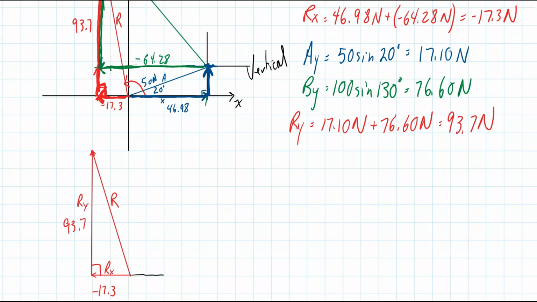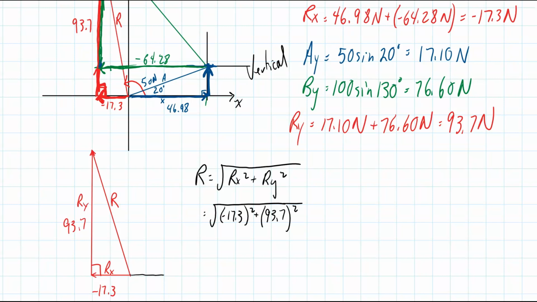So r is equal to the square root of R sub x squared plus R sub y squared, which is equal to the square root of negative 17.3 squared plus 93.7 squared. And that comes out to 95.3 newtons.